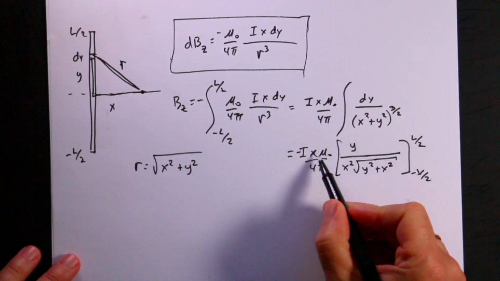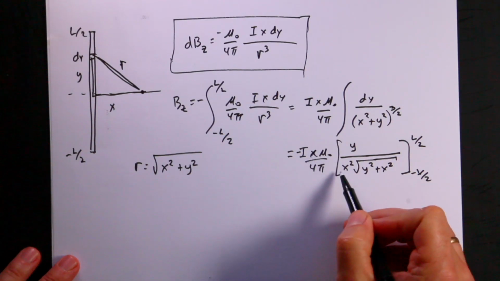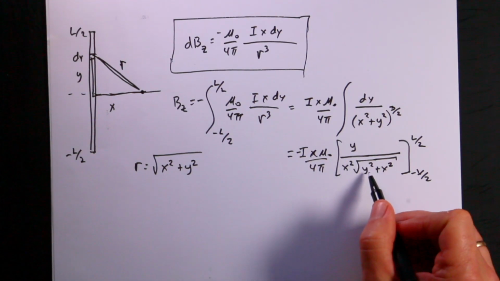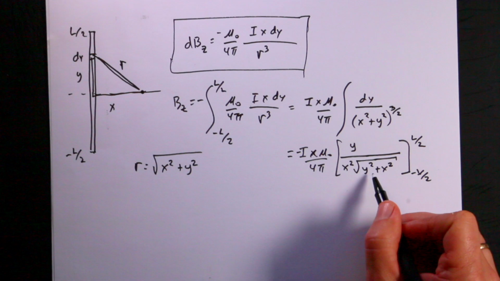Okay, so now one of these x's is going to cancel because that's a constant. I don't have to evaluate that. And x squared plus y squared, no, I can't do that.